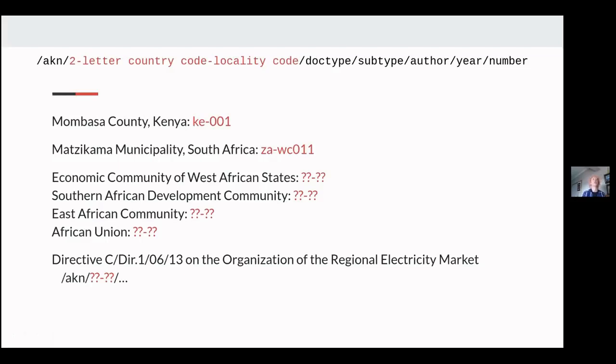ECOWAS is an organization, or a body, that has Ghana, Nigeria, Senegal, and I think it has 15 member states, and it works to promote economic integration in West Africa. An example of a document that they would produce is a directive on the organization of the regional electricity market.